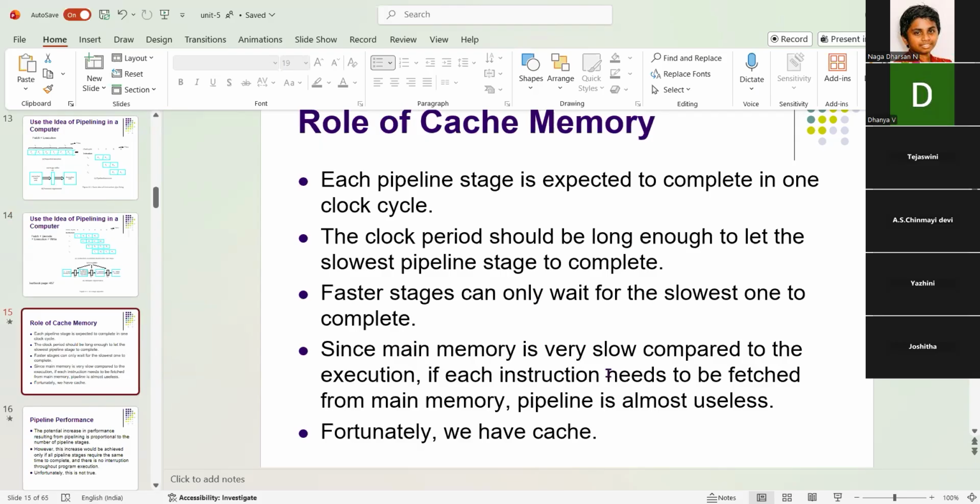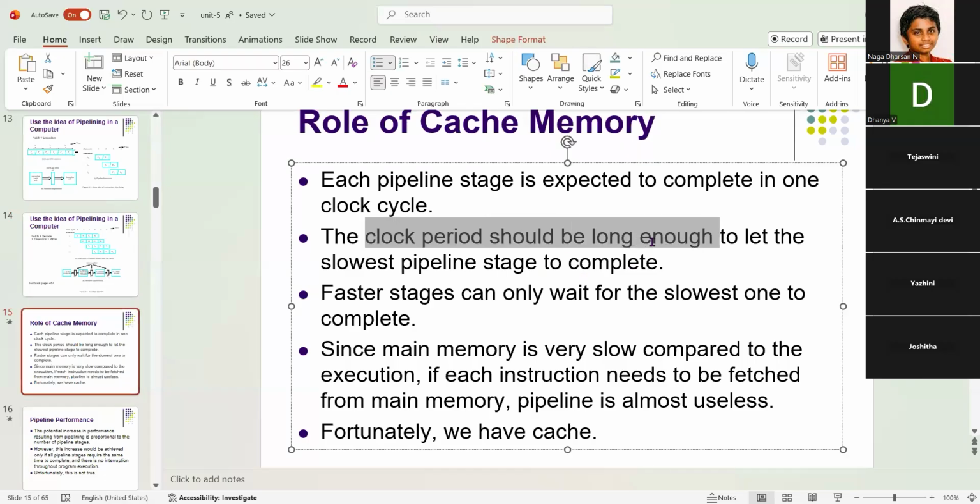So this whole story is essentially what I said. Each pipeline stage is expected to complete in one clock cycle. The clock period should be long enough to let the slowest pipeline stage complete. I told you that the slowest stage decides the entire time of the pipeline itself. So we need to make the clock period long enough so that the slowest pipeline stage also gets completed.